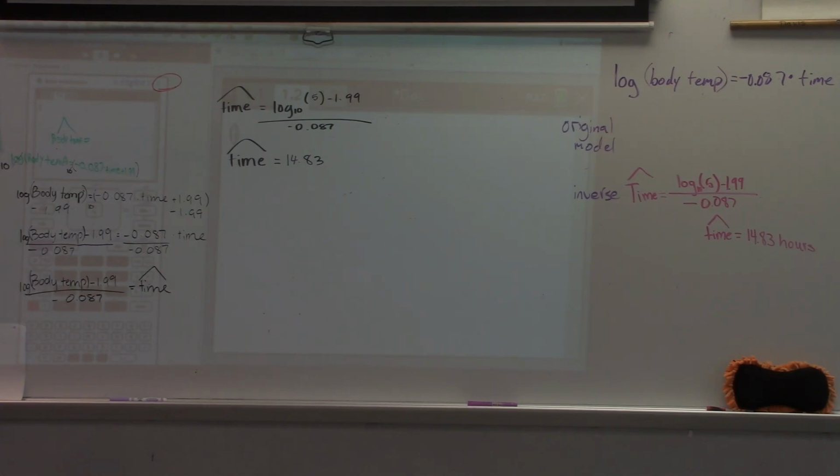The exponential, the inverse is a log, so control 10 to the x. What's the calculator going to assume the base is if I don't put anything? So can I put 10 there? Sure. Do I have to? Nope. Minus 1.99, all divided by negative 0.087. 14.83 hours, that's how long that person has probably been dead. That's it.